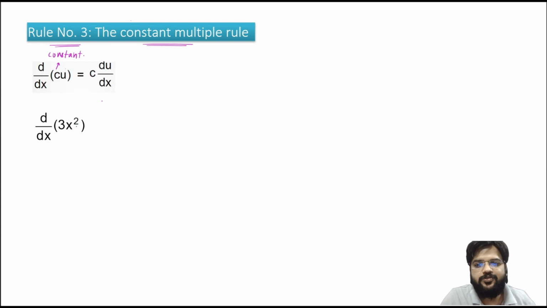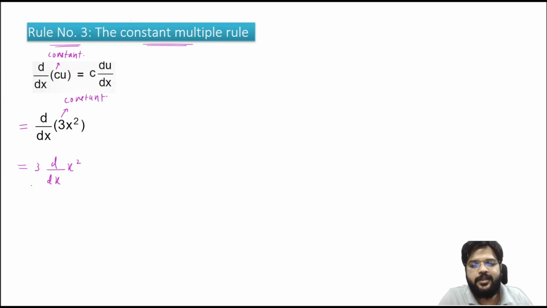So this we will do here. We have 3x square, everyone. So 3 is what? It is the constant. So according to the rule, I will put 3 outside the differentiation. Now the remaining is x square, and then we differentiate x square. So here we will use the power rule. We know that the differentiation of x power n is what?